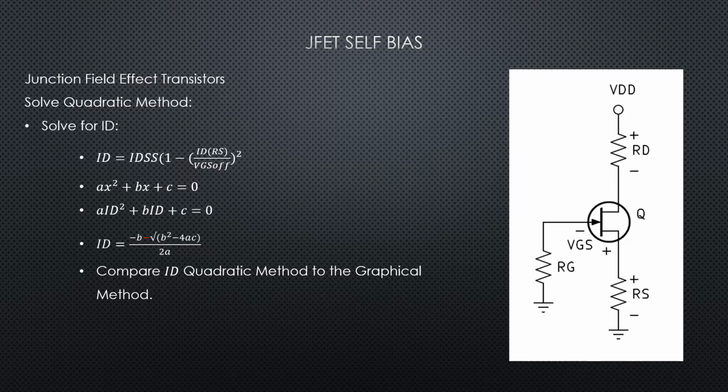We're just going to use the minus, and that should give us our ID. Now, once you've got your final solution using the quadratic method, we're going to compare that ID value to our graphical method. And if those line up, then we know we did all of our math right. We've got the drain current for the biasing circuit correct.